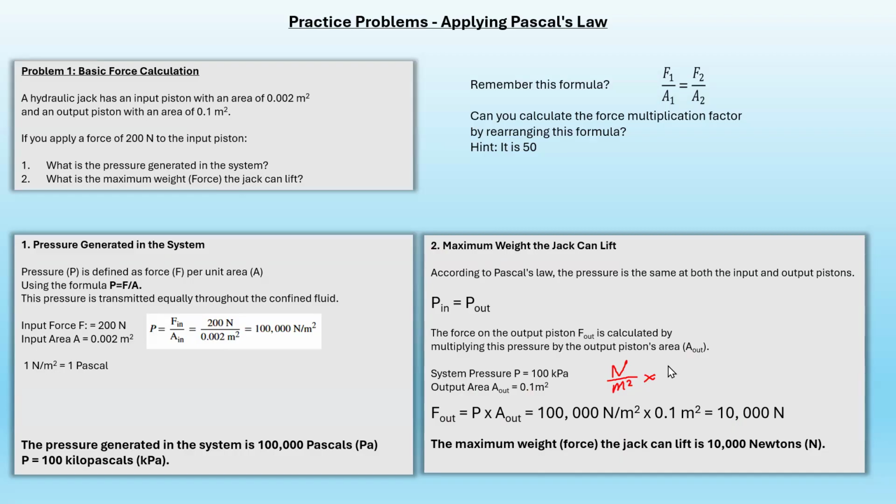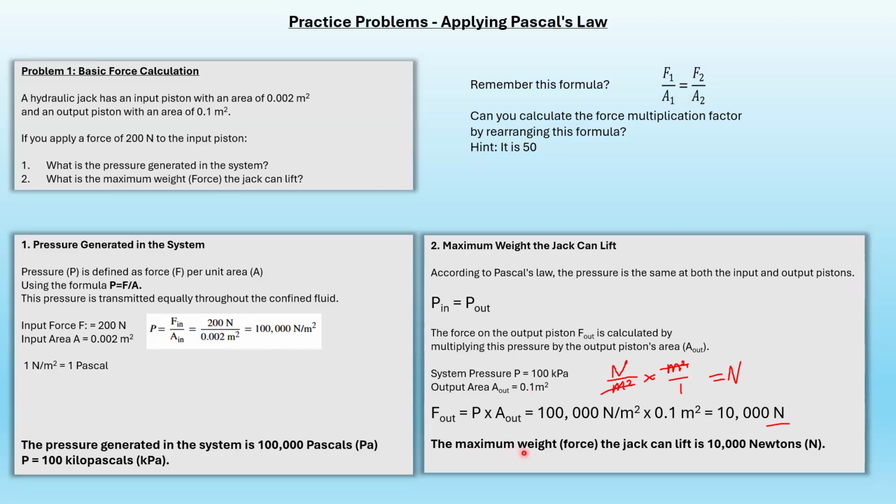So meter squared, we can rewrite that, meter squared over 1. Look at that. These cancel. We are left with newtons, which means our calculation checks. We get the right unit. That's a double check to make sure that our calculation is correct.